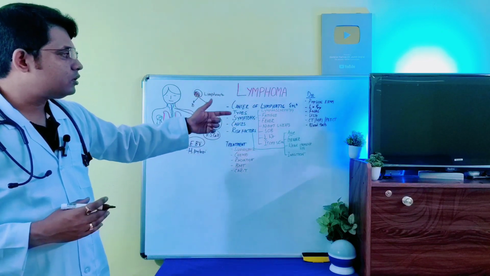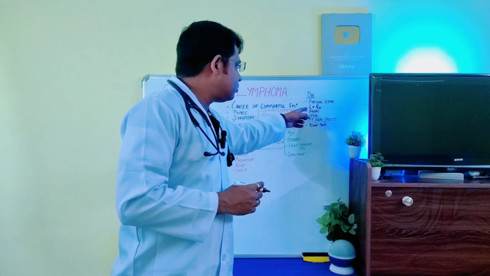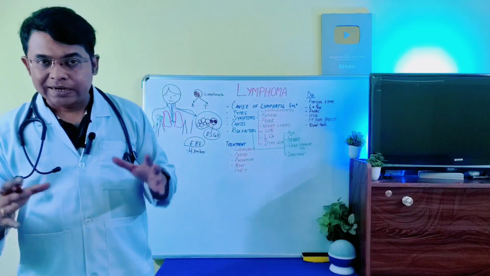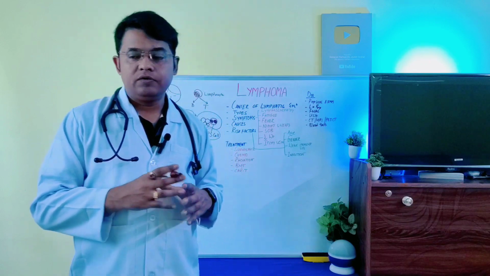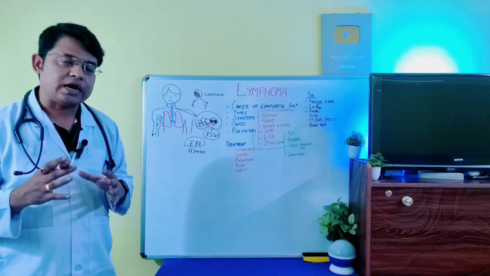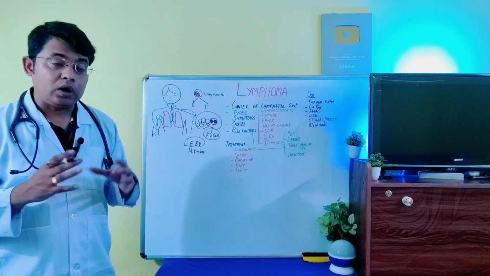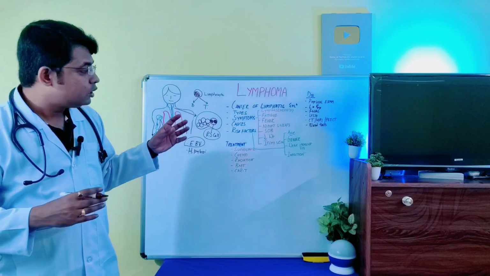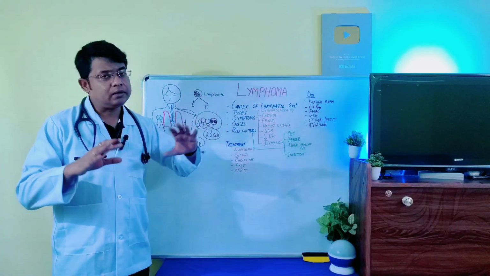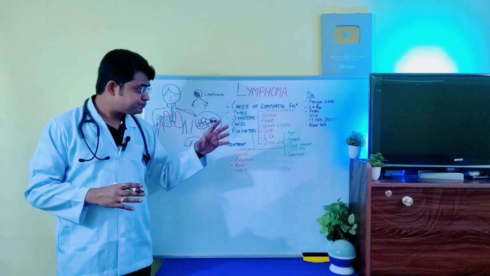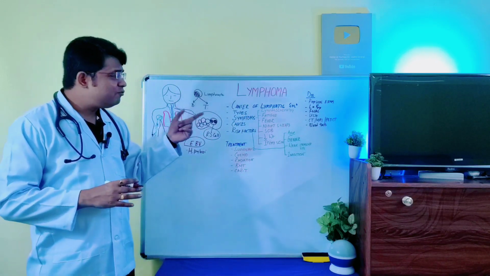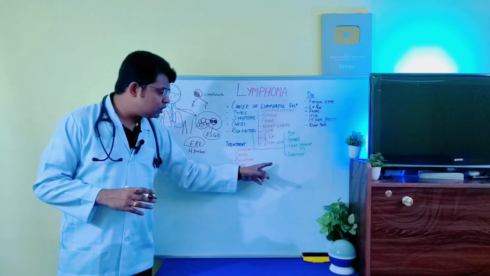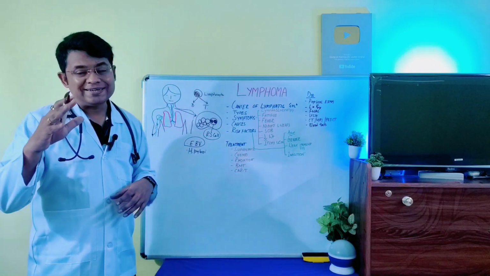Next, the most important investigation in diagnosis of lymphoma is lymph node biopsy. Lymph node biopsies can be done by a lot of methods. In case of lymphoma diagnosis, we usually perform an excision biopsy.